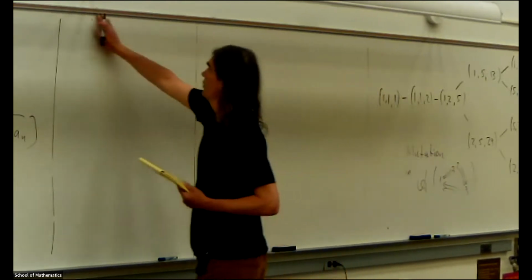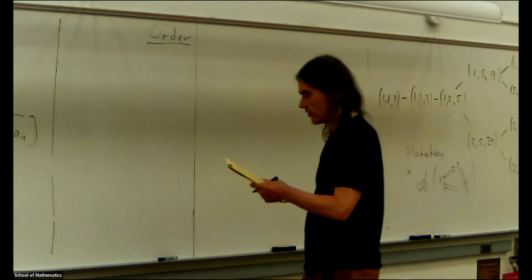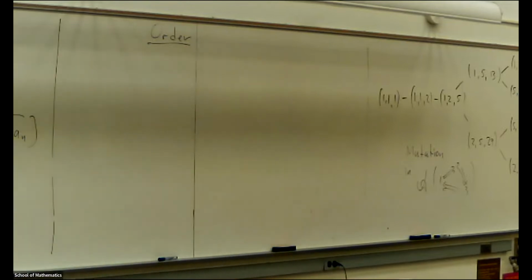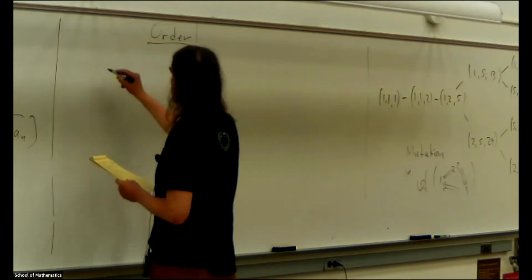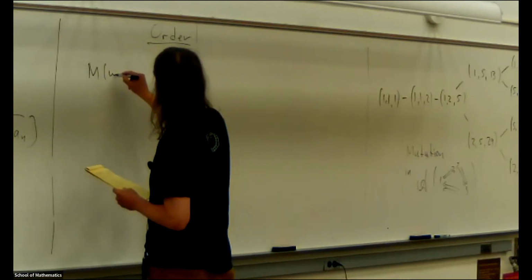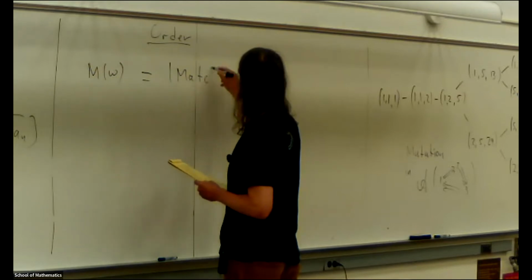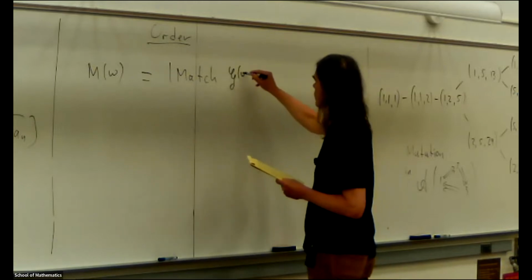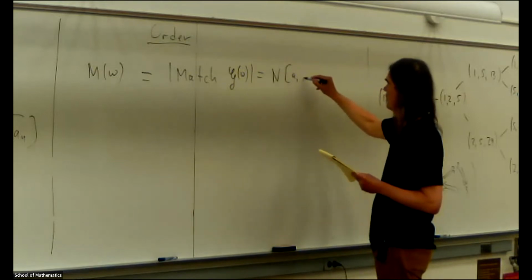And we'll define an order, 2 orders really. So first, right, so this GW is still this thing here, this continued fraction A1 through AN. Then I'll define M of W to be the number of matchings of GW. And if you remember from earlier, this is the numerator of this continued fraction.